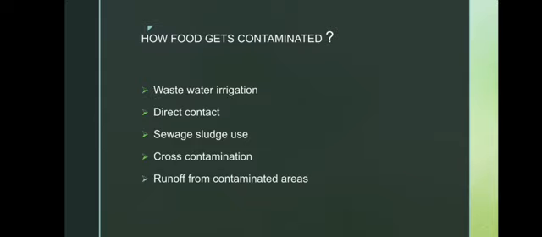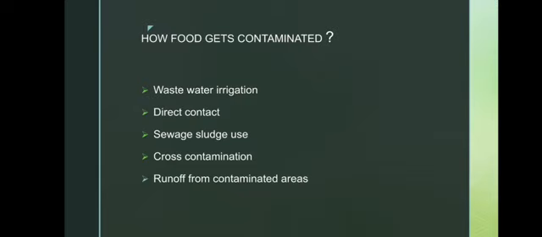So the pathogens are directly introduced into the food chain. Direct contact is when the industry has any leakages, so the sewage can seep into the food or get contaminated through any leakage present in the industries.